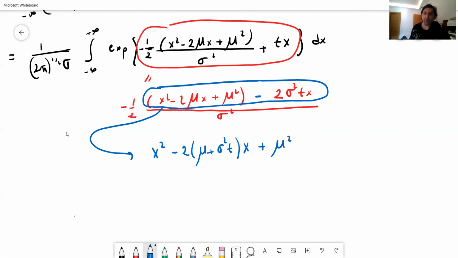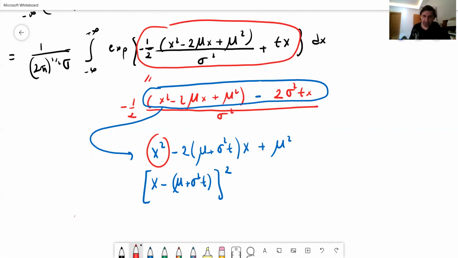Now completing the square comes into play here. I can write this as a square of these. Note that these first two terms, x squared, will come from here, and 2 times x times mu plus sigma square T will form these two terms.